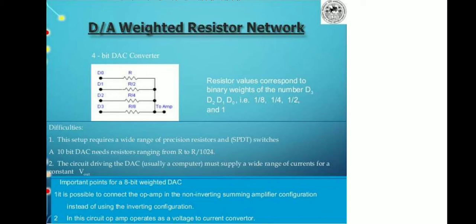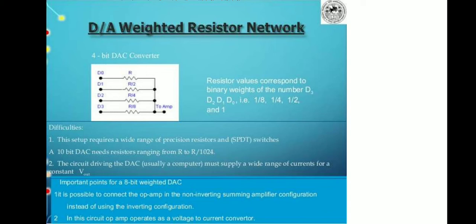This setup requires a wide range of precision resistors. The 10-bit DAC needs a resistor range from R to R upon 1024. The circuit driving the DAC must supply a wide range of current for a constant output voltage.